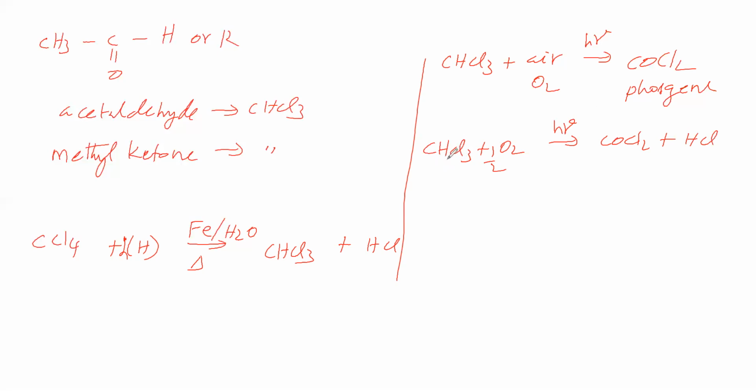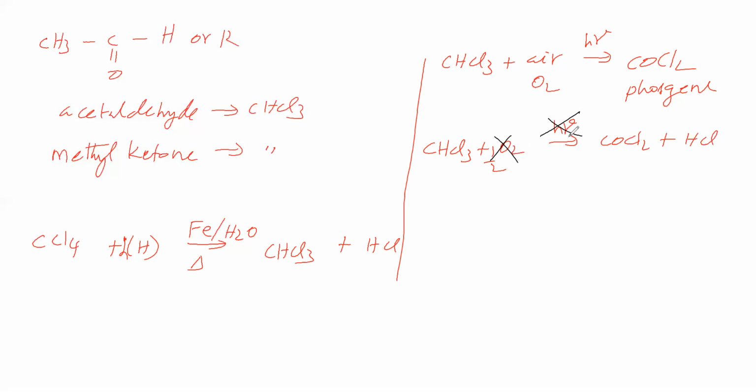Therefore we have to take care that chloroform should not be converted into phosgene. What do we have to do? We have to prevent oxygen from being in contact with chloroform, and sunlight should not fall over chloroform. These precautions we have to take.